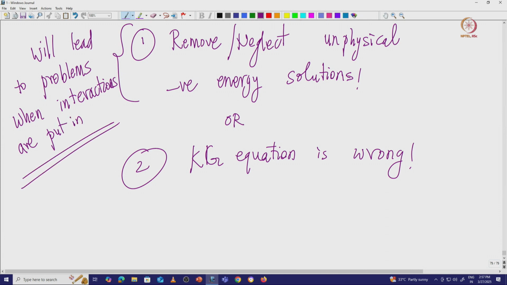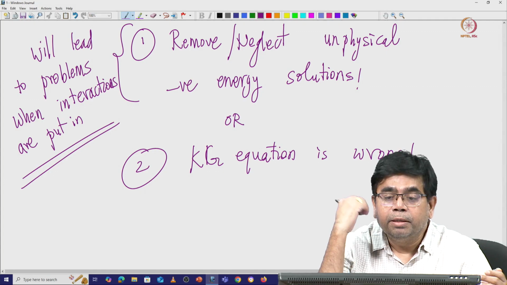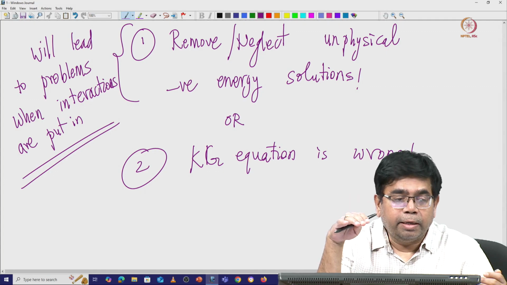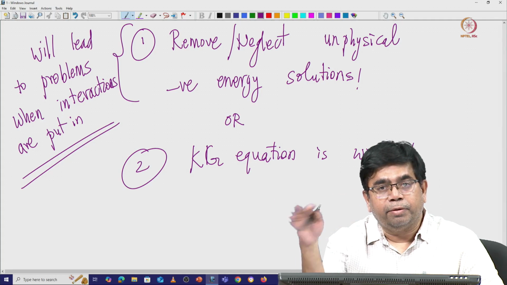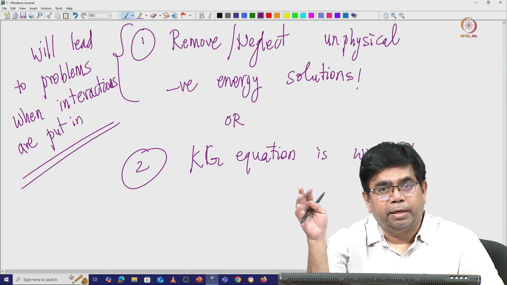Now, as long as you are in the free theory, that means there are no interactions, you are not putting any potential, or you are not considering any system other than a completely free Klein-Gordon field or Klein-Gordon particles, wave functions. Okay. So, you can say that I remove the negative energy solutions, I do not really care.